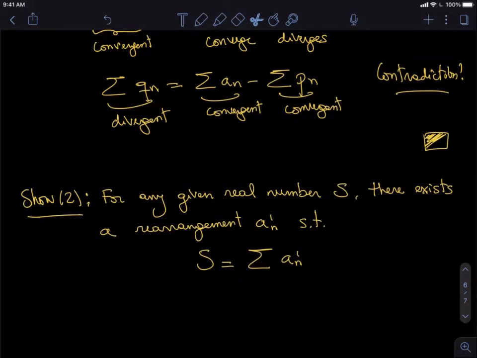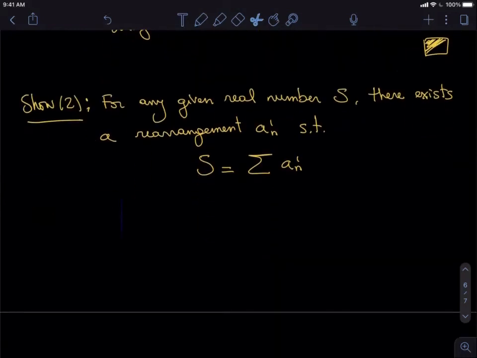So the idea of the proof is that, whatever number we aim for, S, we are going to add positive terms until the first time that we pass that value S, and then start subtracting, taking negative terms in order until the first time that we fall below S. Let me do it with a picture. So let's say we are aiming for this S here.